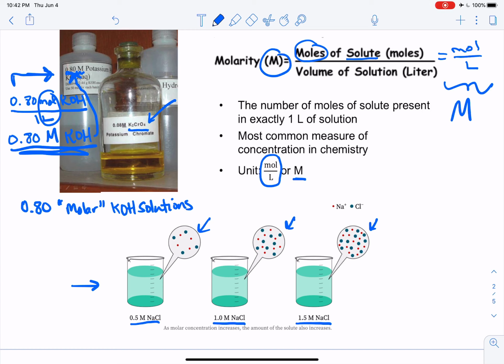And that is why the molarity, or the concentration, of these solutions is increasing there. So this is the concentrated solution of this series, and this would be the dilute solution in that series of those three.